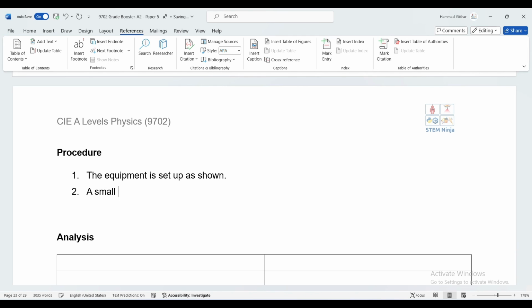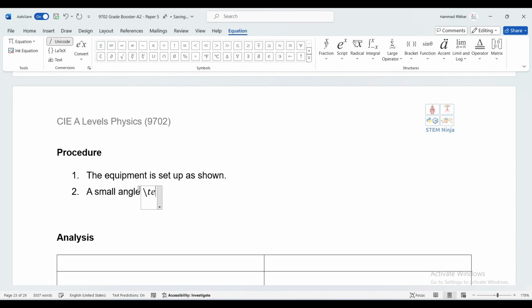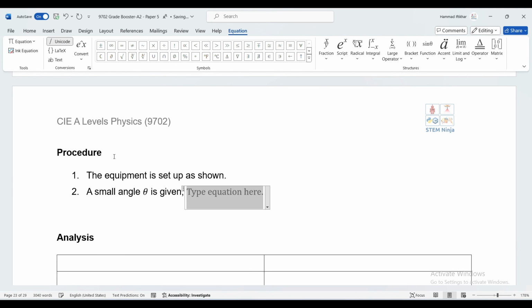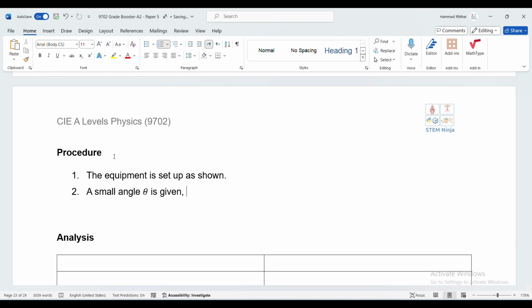A small angle theta is given, and then the corresponding angle beta, and the extension x noted.